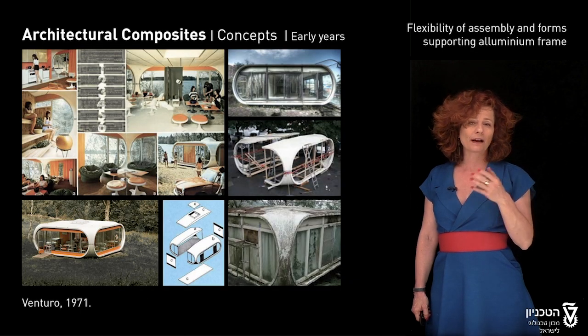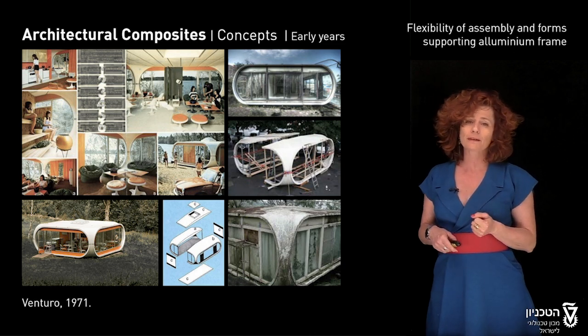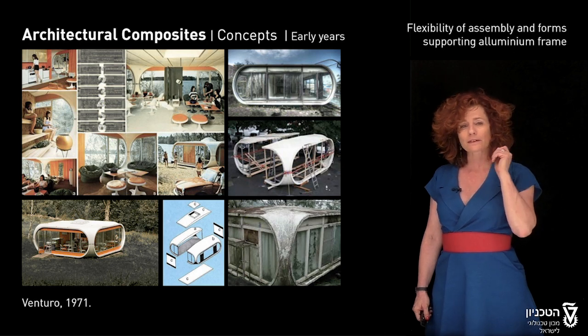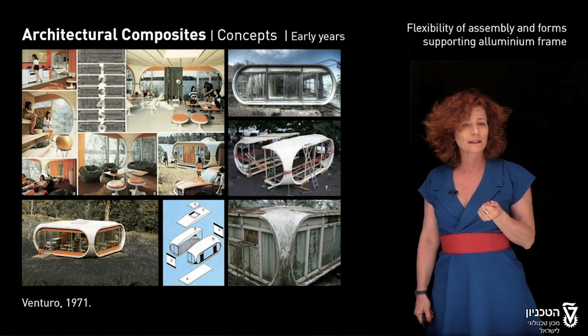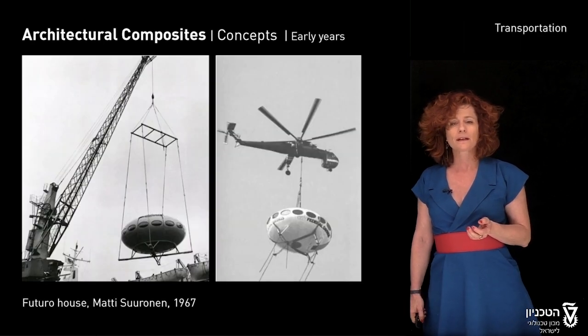But variations such as this, the Ventura, combination with aluminum frames and composite material and different geometries, all based on the same idea of a flexibility of assembly and various forms that are suggested here in this system.